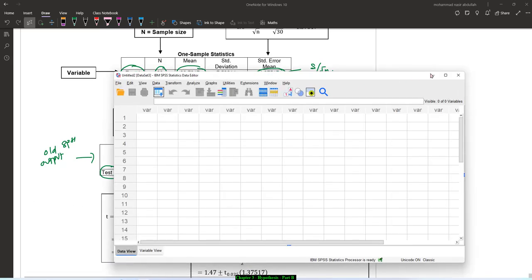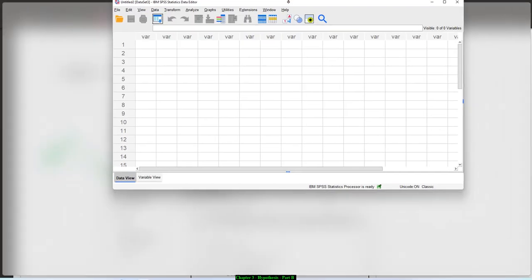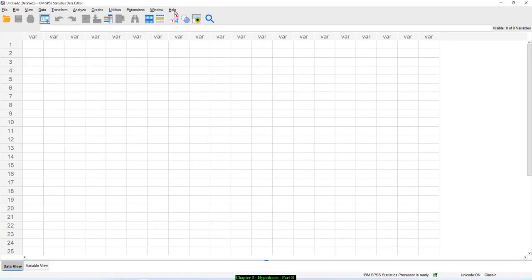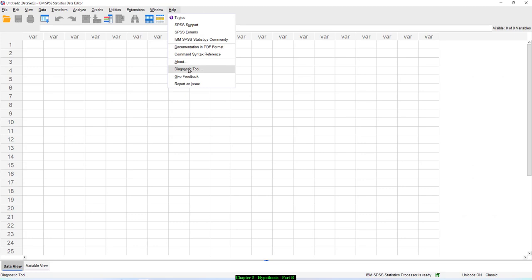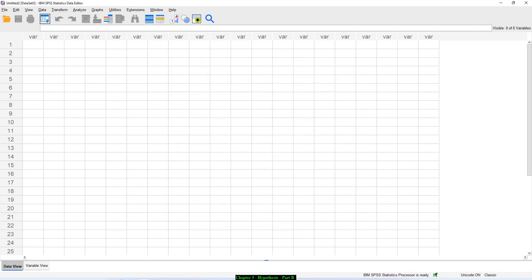To construct a one sample t-test in SPSS, let's open SPSS. So you have opened SPSS. This is my new SPSS, SPSS version 28, I think. Yes, version 28, so this is the current version.